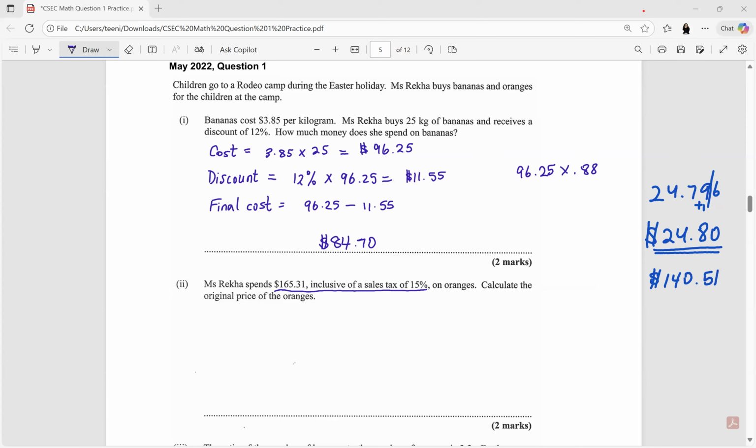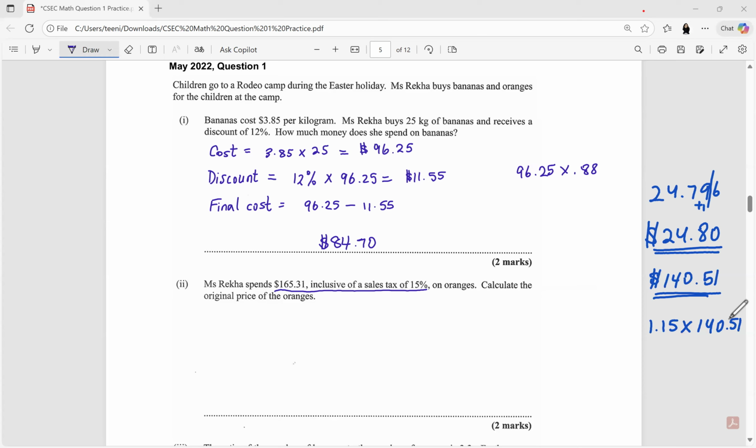All right, so let's check if this is correct. To check, let's calculate 15% of this and add it to see if that would give us the 165.31. You could also just check what is 1.15 multiplied by 140.51. 1.15 is 115%, all right?